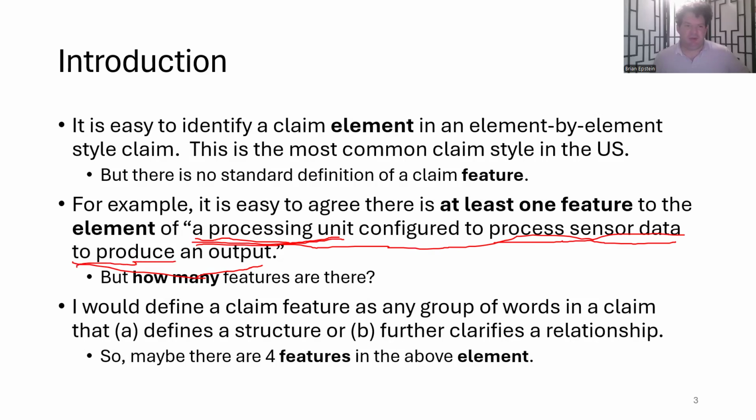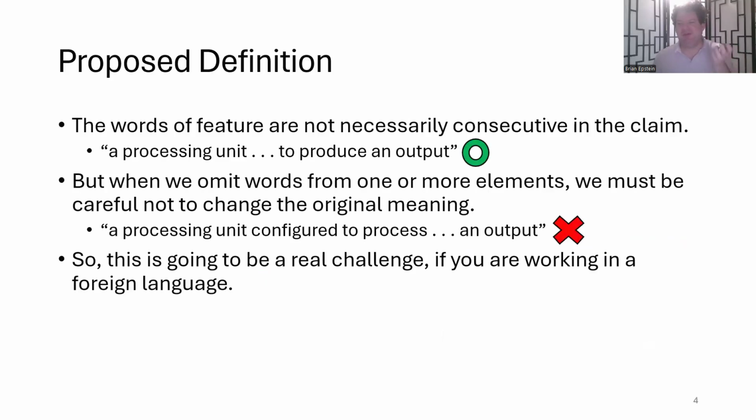What's the relationship between the sensor data and the output? Or maybe there's only three features, right? Maybe there's no way to really claim a processing unit, and this should have said processor. I mean, there's a way to claim it. Maybe there's no real structure to it.